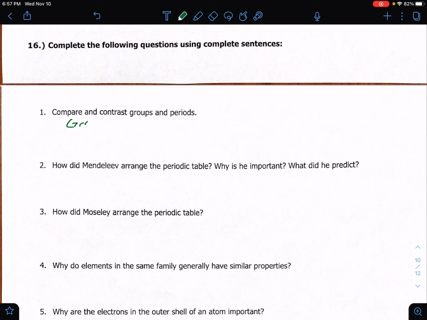So I'm going to write this. Groups are going to be your vertical columns, and they are going to share valence electrons. That means they all have the same number of valence electrons, which makes them have common characteristics.